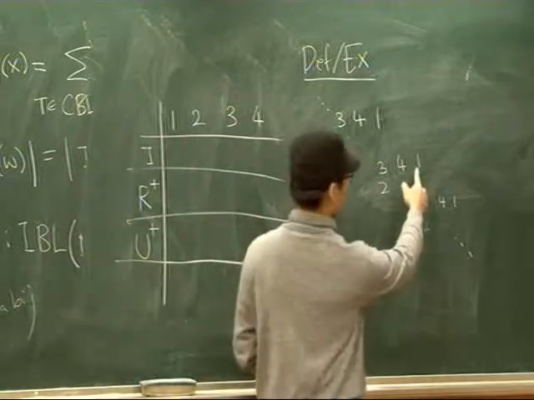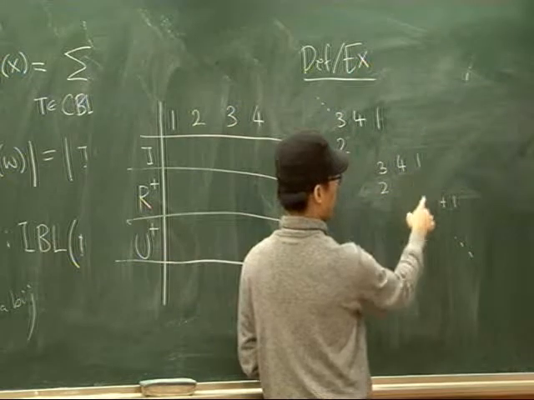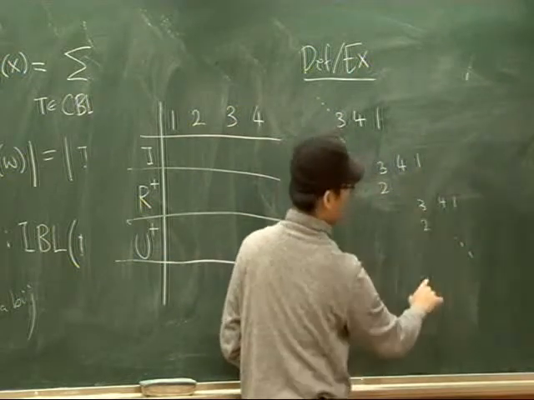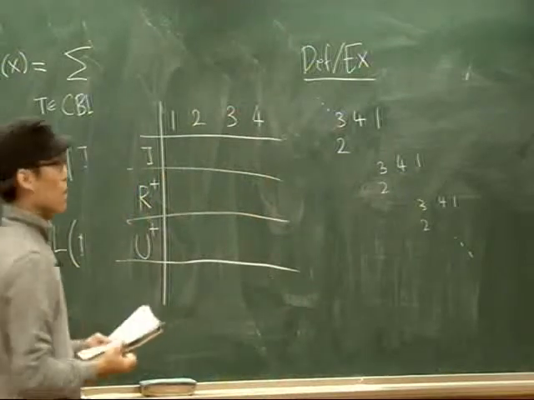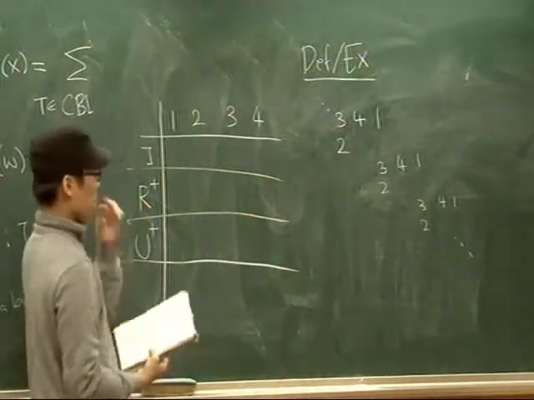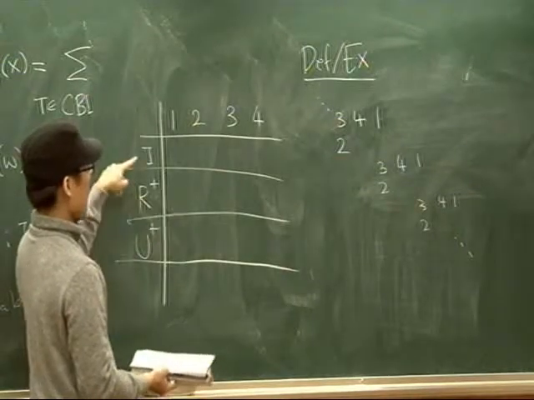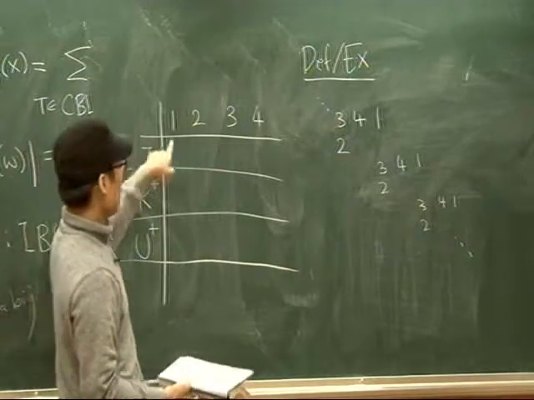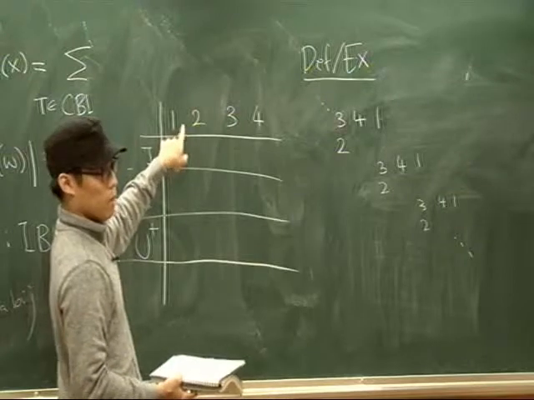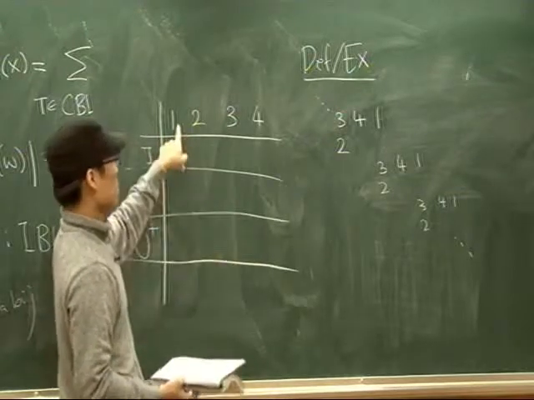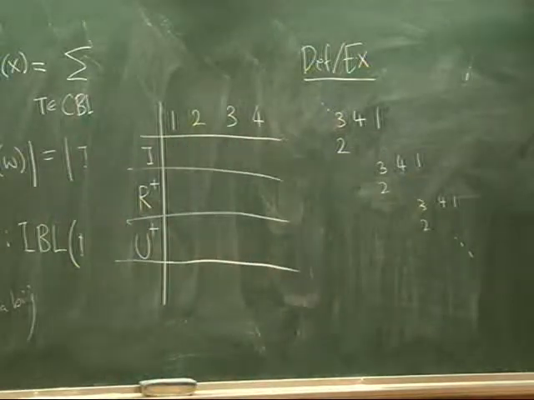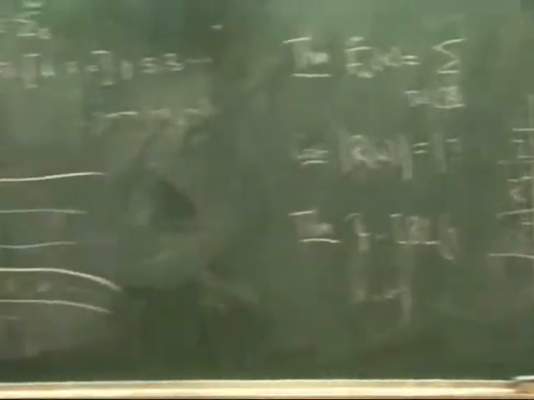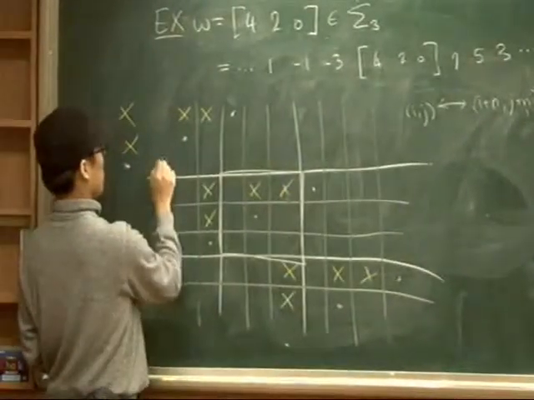Because in that case, this becomes 4. Then if we look at this hook, 4 is bigger than it. So i is the row index of the box where the number appears. So 1 is here, and this is the first row, right? This is the first, second, this is 0.